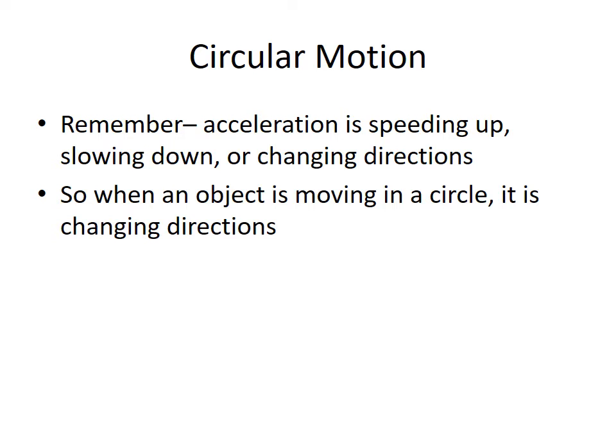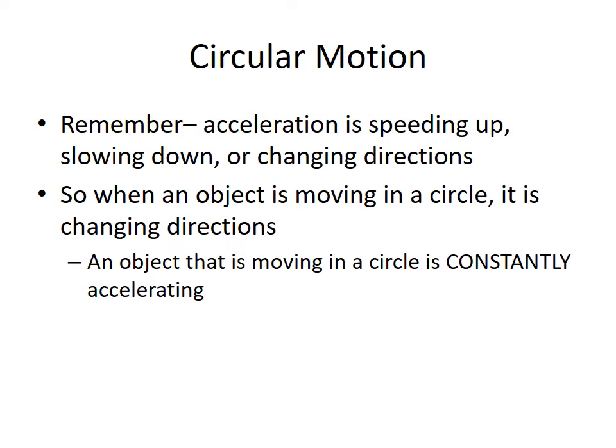If an object is moving in a circle, it is constantly changing direction, so we would say it is accelerating. Perhaps its speed isn't changing, but it is accelerating because its direction is changing, and what is important is that acceleration is a change in velocity. So we would call this centripetal acceleration. If you're changing directions only because you're flying in a circle, it's centripetal acceleration.